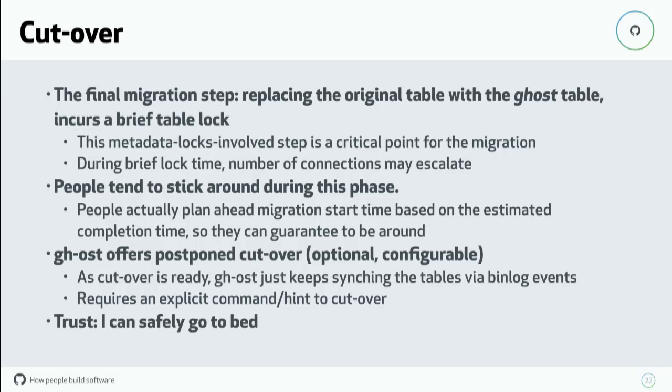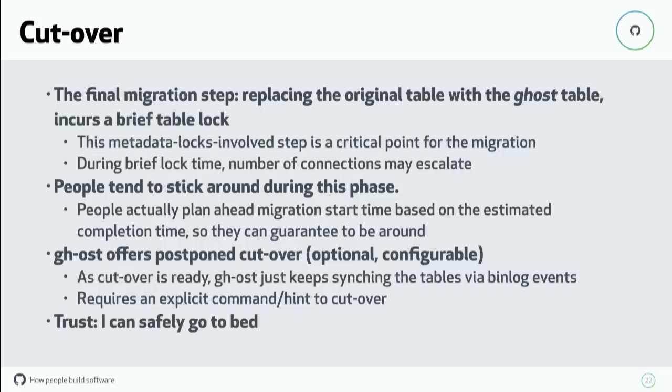This is something that we just tell Ghost to do: check if there's that file there. If there is that file there, then don't do the cutover until someone tells you to. So once Ghost finishes copying all of the rows, it just keeps looking at the binary log, looking for writes coming into that table, applying them the same way that it's been doing the whole process, and it just keeps doing it.